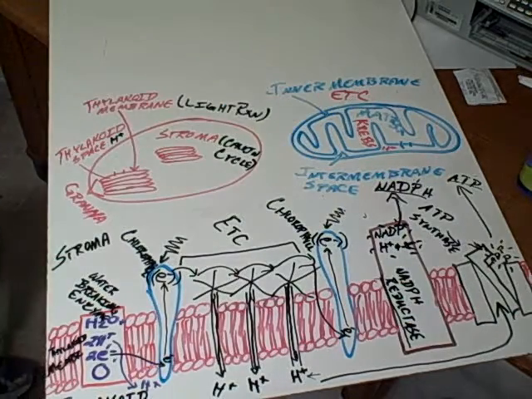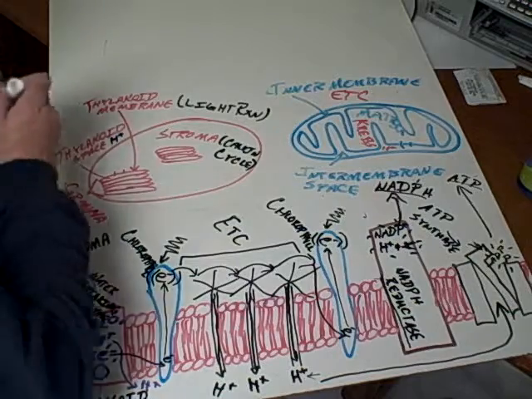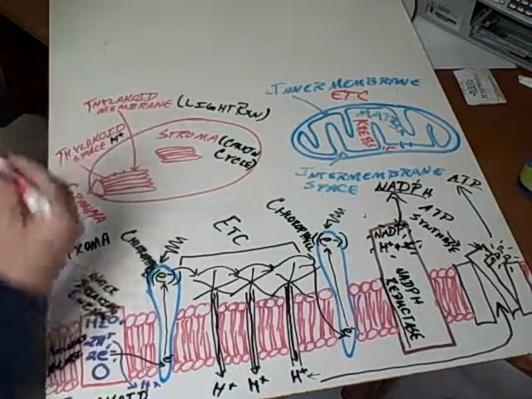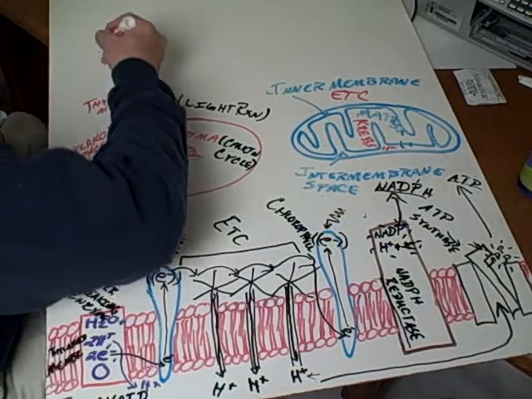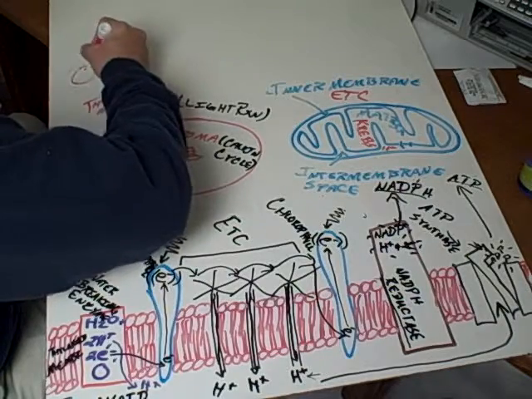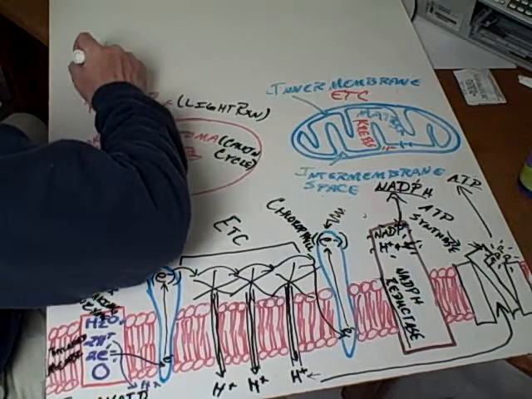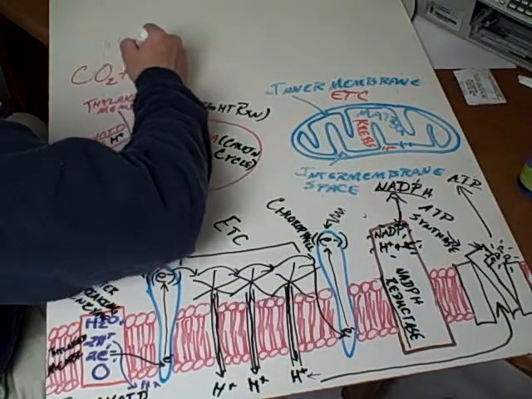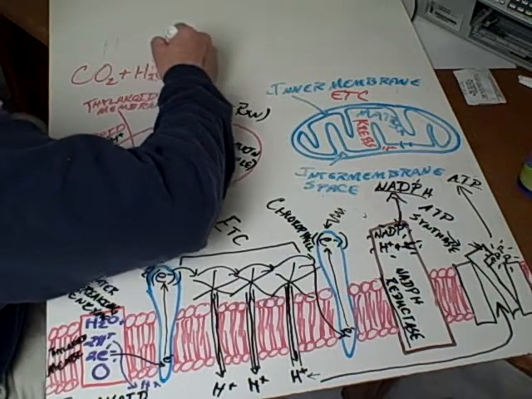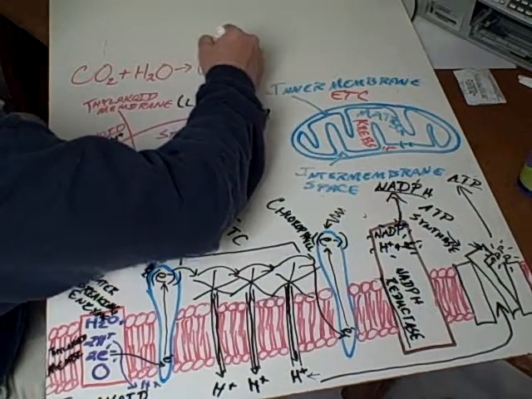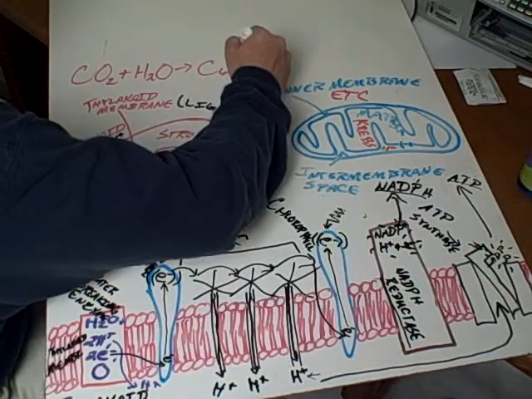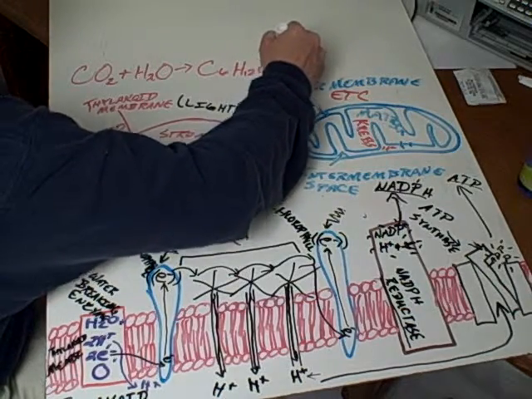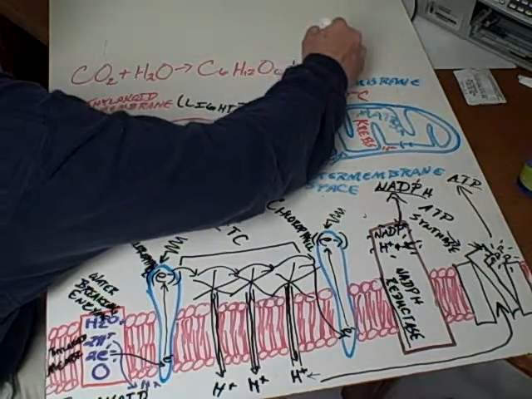Now the other thing that's helpful to remember is the net reaction for photosynthesis: CO2 plus H2O goes to C6H12O6 plus O2.